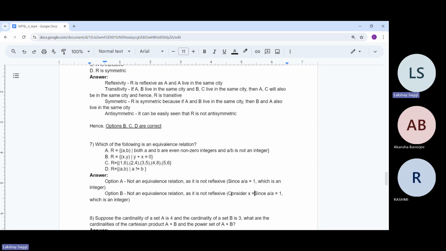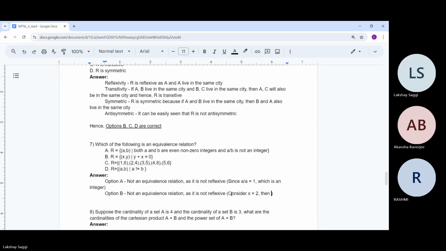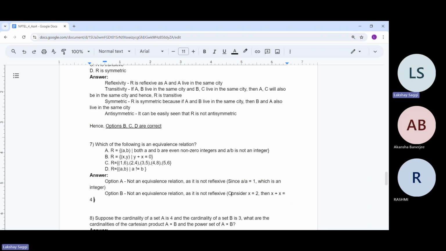Consider x equal to some element, let's say 2, right? Then x plus x is equal to 4, which is not equal to 0. So this means that x, x is not related.